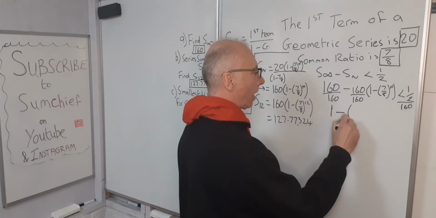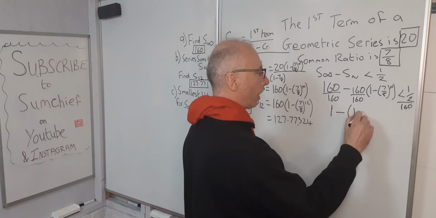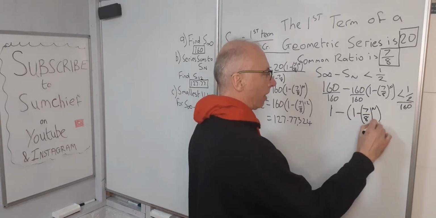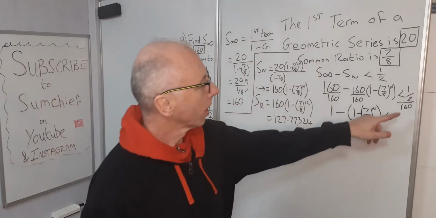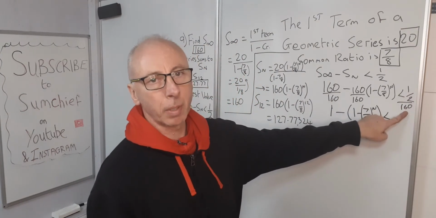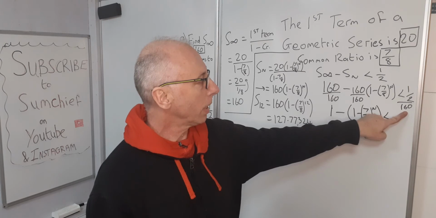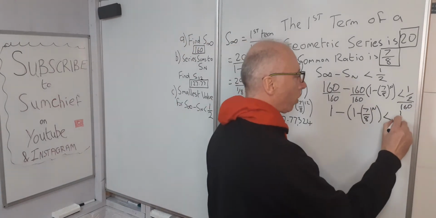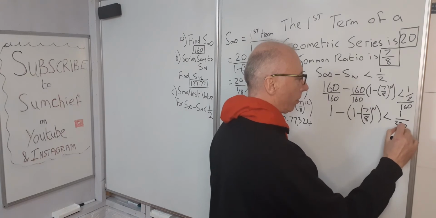So what we're going to get there is 1 minus 7/8 to the power of n is less than a half divided by 160. Basically that's 160 times 2 in the denominator, so that would give us 1 over 320.